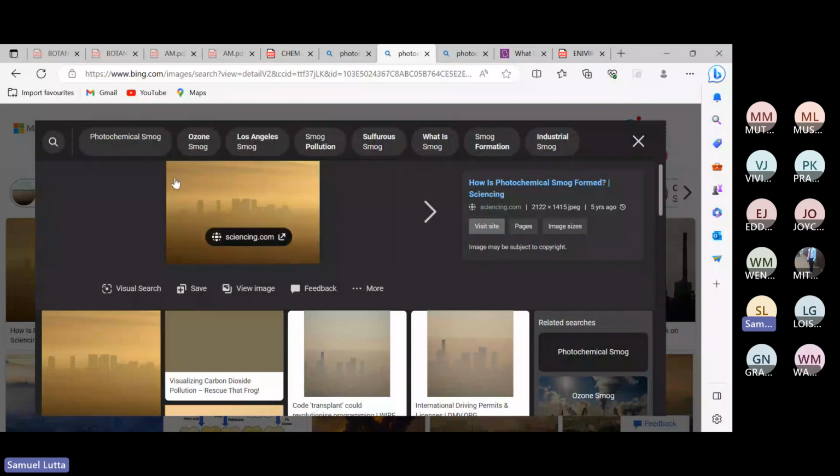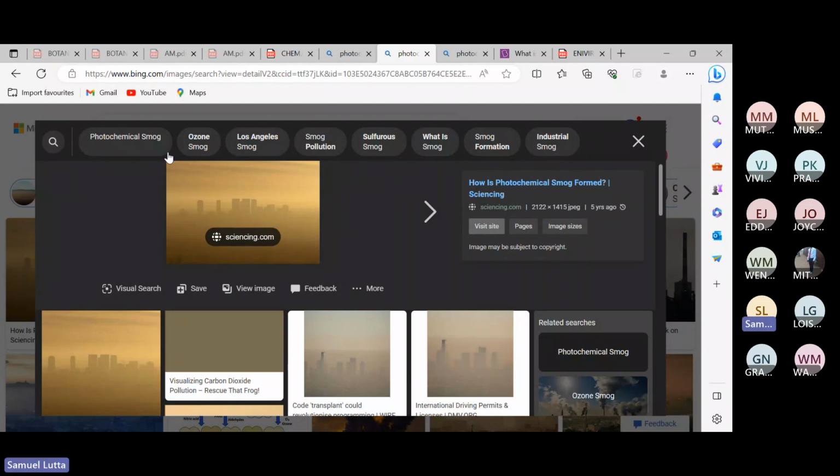So this is what we are saying, smog. We said smog is taken from two words, smoke and fog. So the atmosphere becomes foggish, but the foggish color is brownish because of what we call photochemical reaction.